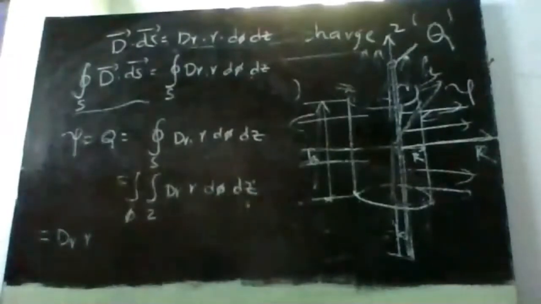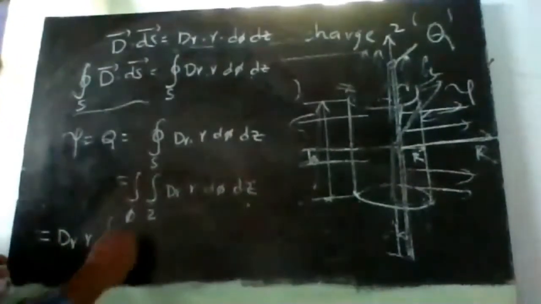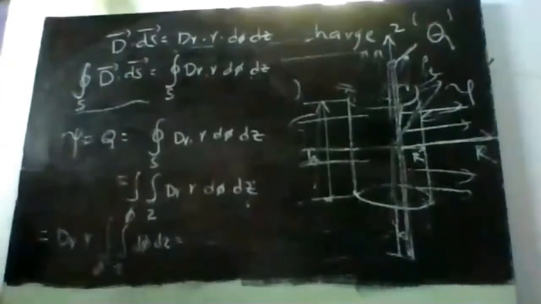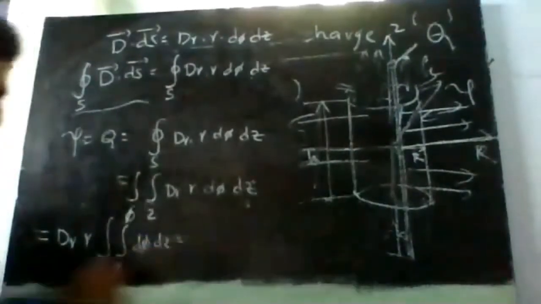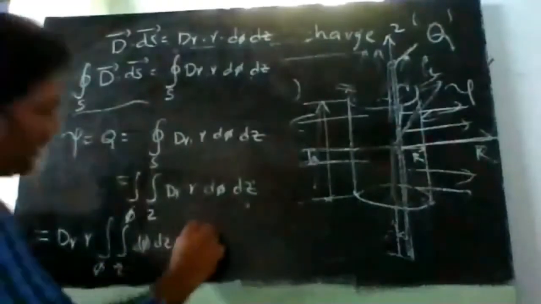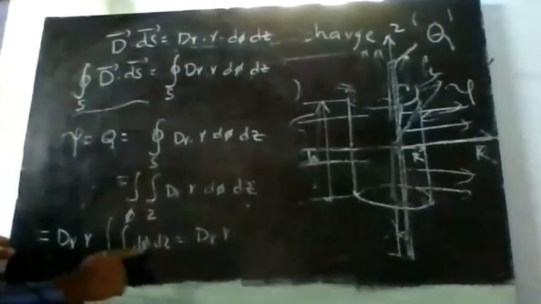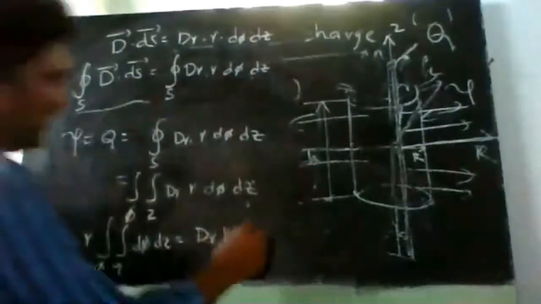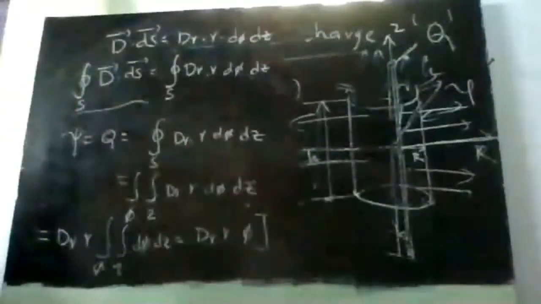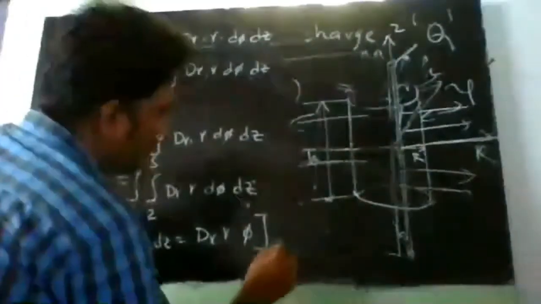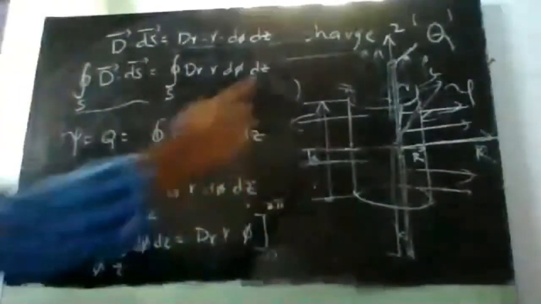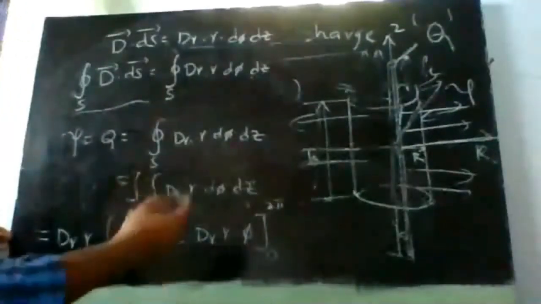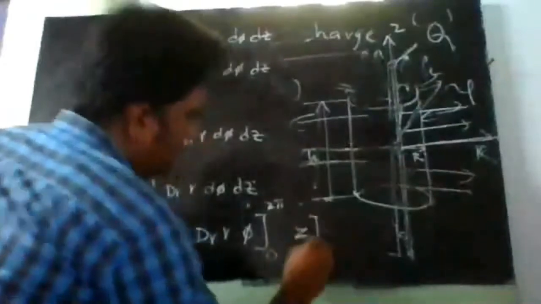So this is equal to Dr r into the integral of d phi dz. The integration of 1 with respect to d phi is phi, and what are the limits of phi? We know that the phi angle varies from 0 to 2 pi. Similarly the integration of 1 dz is z, and what is this z?